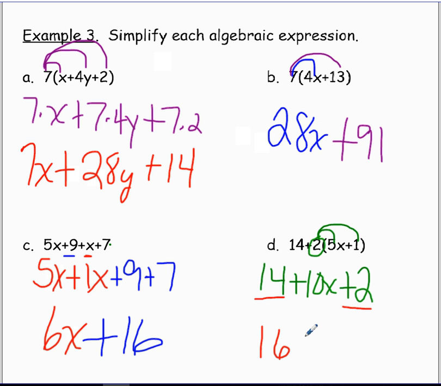And then we'll bring down our 10x into our answer because there's no like terms with it to combine. And so 16 plus 10x is the answer. And if you write your answer as 10x plus 16, again, order doesn't matter.